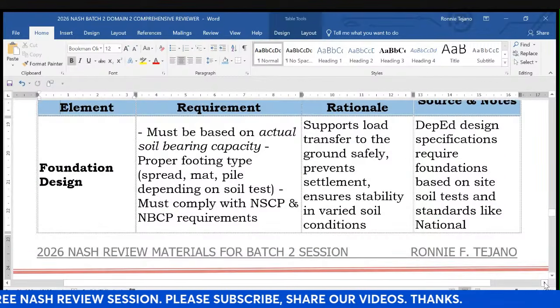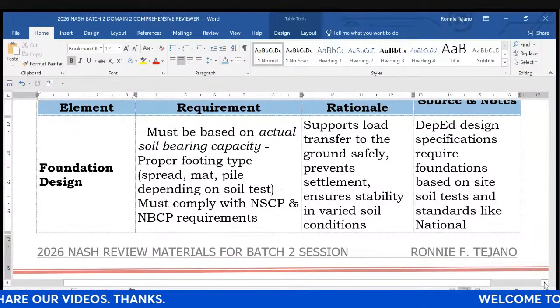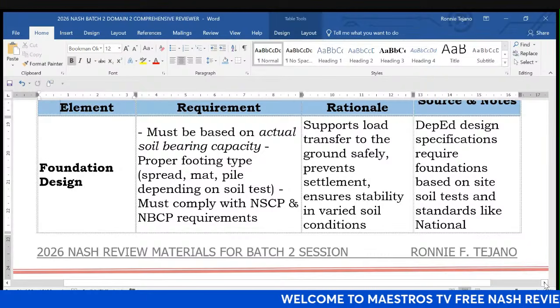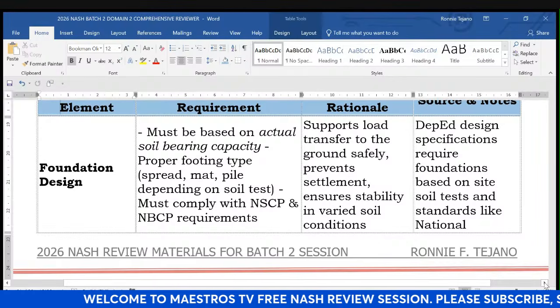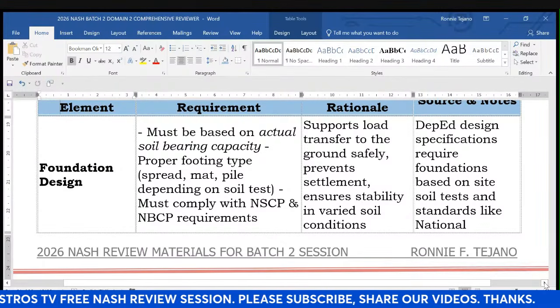Okay, the foundational design must be based on actual soil bearing capacity. Okay, the proper footing type should have a spread, a mat, and a pile, depending on the soil test, and must comply with the national soil and SCP and NBCP.